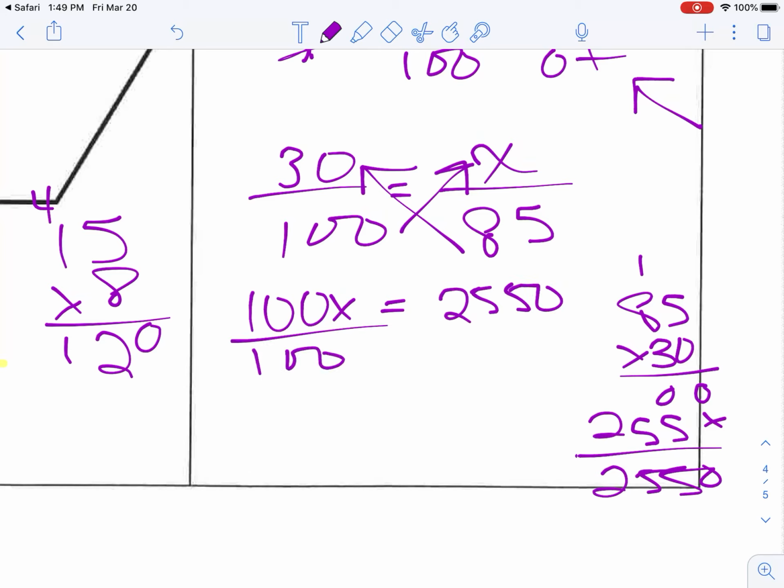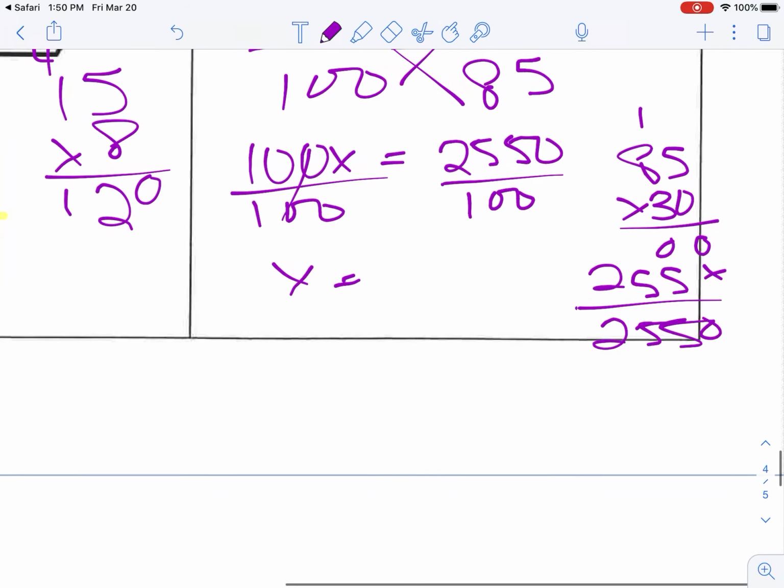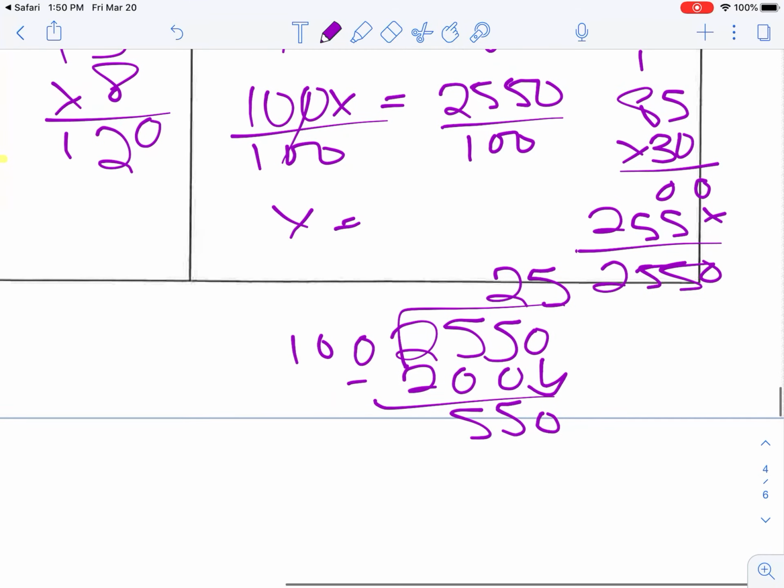2,550, and we're dividing by 100. Okay. So if we do 2,550, we divide by 100. It goes in twice. Goes in 5 times, which is 500, with 50 left over.